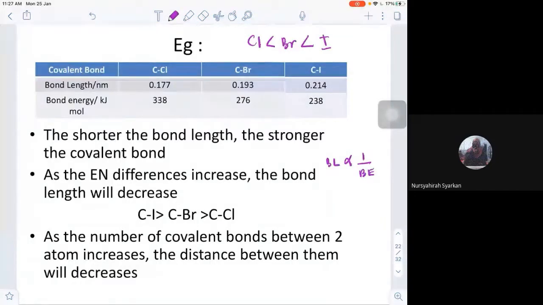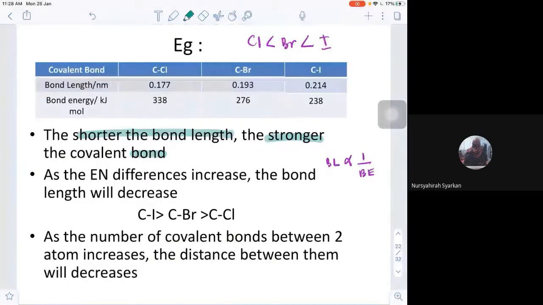The longer one will be weaker and easier to break. So we can make a conclusion: the shorter the bond length, the stronger the bond.